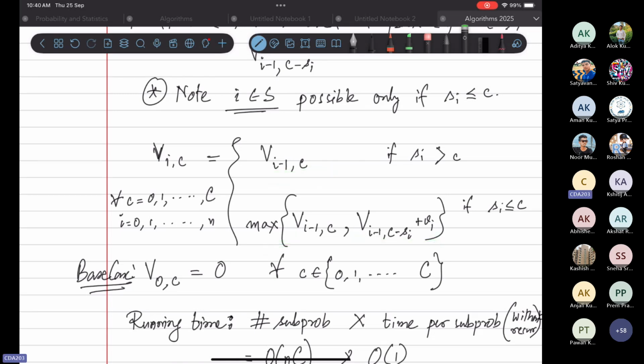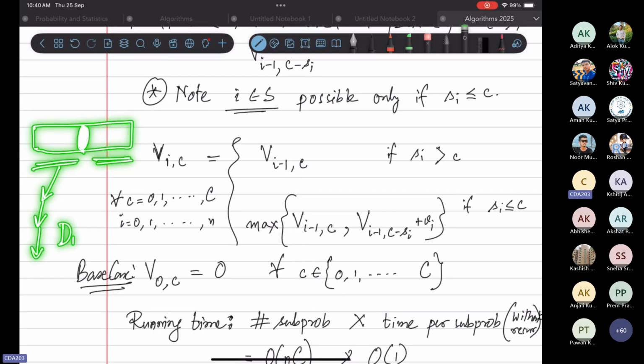But in contrast, for example, in binary search, what do we do? Depending on the middle element, I decide whether that element could be in the array or not. Either it should be in the left part or in the right part. Once I make that decision, I keep on recursing in one direction.